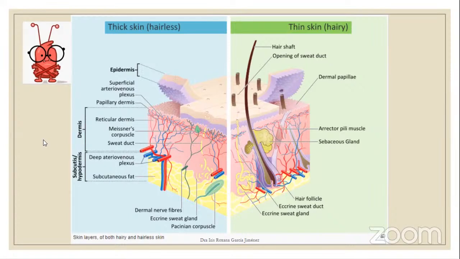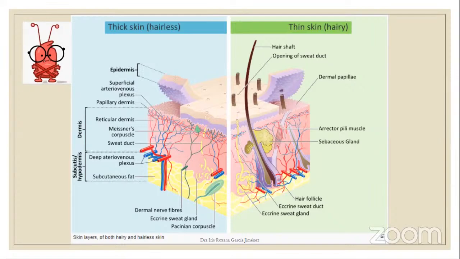For making the correct and proper comparison, we took this because we can check different nerve terminals, so it's a good way to do it. And in the hairy skin, we have the sebaceous gland, the arrector pili muscle, and details that, making a comparison, are not present in all the skin.